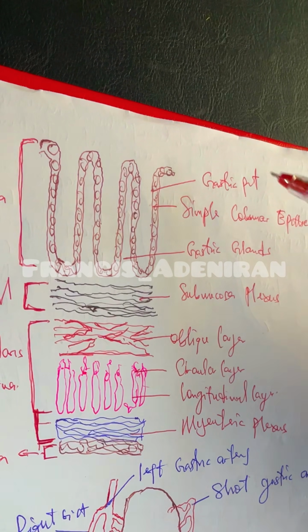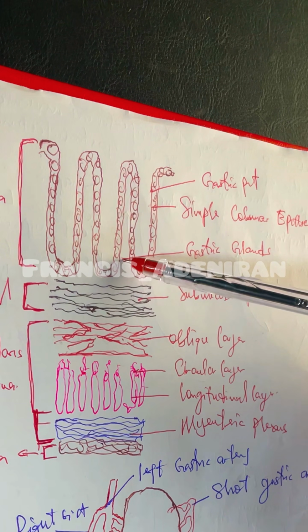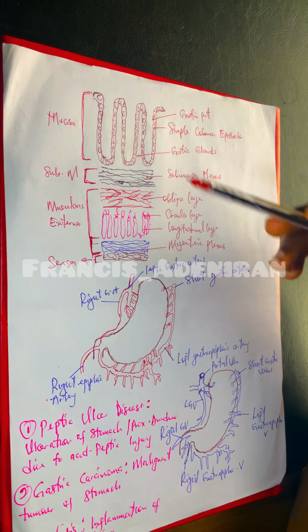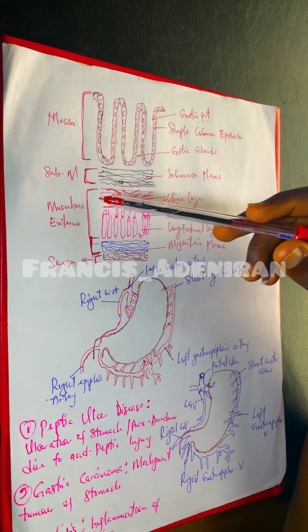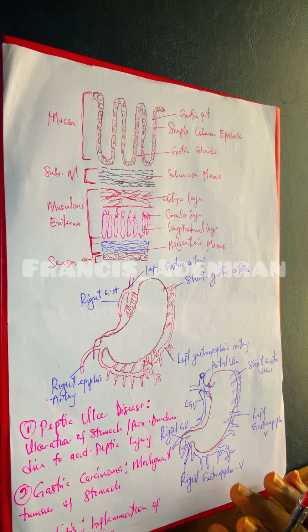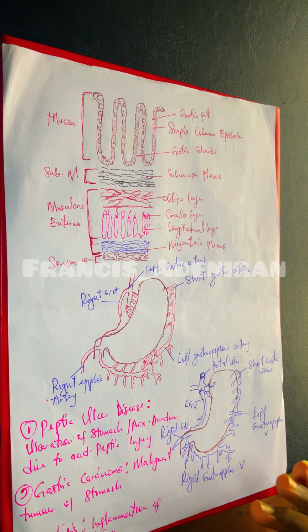Then we have the simple columnar epithelium, also in the mucosa. You can also find the gastric glands. In the submucosa, you can find the submucosal plexus. And in the muscularis externa, you can find the oblique layer, the circular layer, the longitudinal layer, and the myenteric plexus.